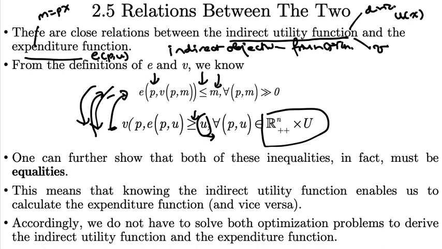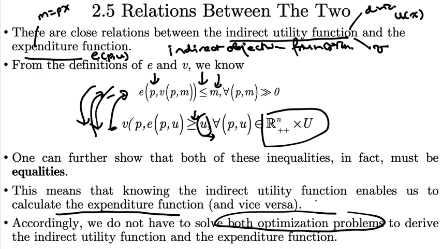So this means that if we know the indirect utility function, it allows us to calculate the expenditure function and vice versa. This also allows us to derive the indirect utility function as well as the expenditure function without going through a very long process of optimization problems.